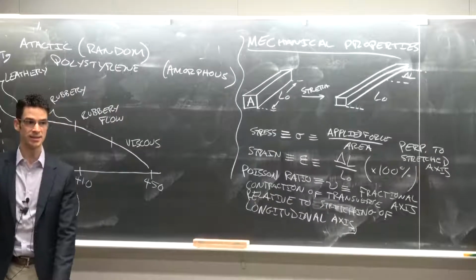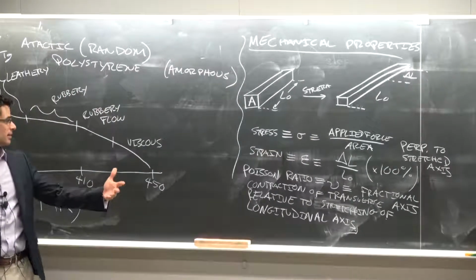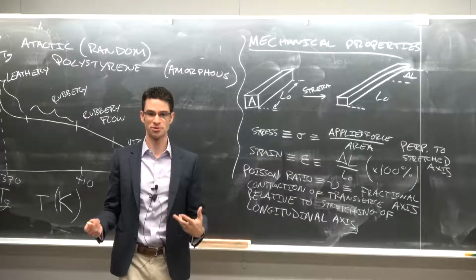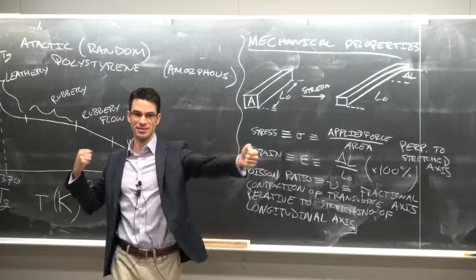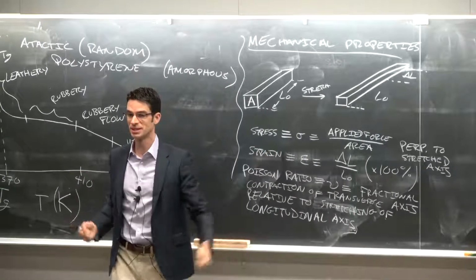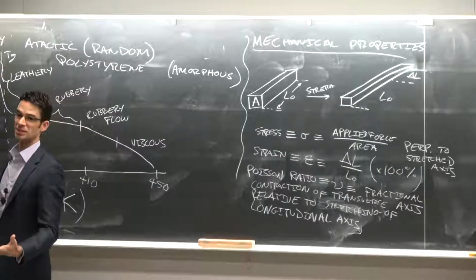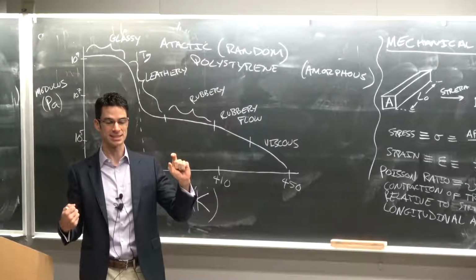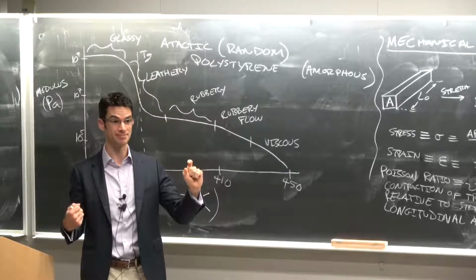Okay, so it just means the x or y coordinate shrinks by some fraction relative to the amount that the z coordinate stretches. If the Poisson ratio is 0.5 and you stretch by 10%, that means that the transverse axes both shrunk by 5%.